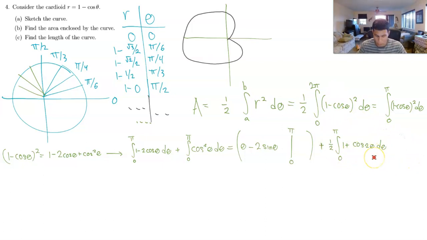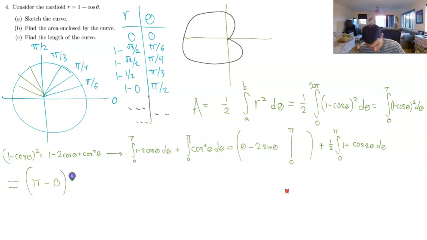That's the half angle formula for cosine squared. Okay, so let's do the first one first. That's going to become pi minus 2 sine of pi, and sine of 0 is 0, so it's just pi minus 0. Okay, that's that.